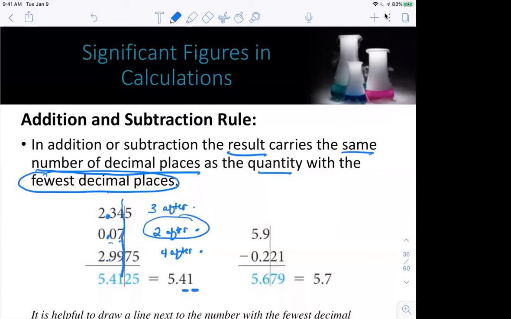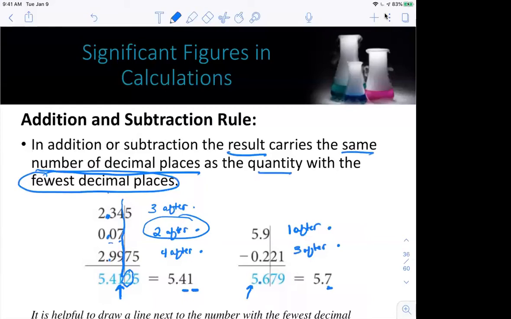So I do the entire addition, but now I have to round to this position. Because this is a 2, this is going to round down, and I'm going to stay the same. 5.41 is my answer. Here, 5.9, 1 after the decimal place, 3 after the decimal place. So I'm going to round to 1 after. Notice it doesn't affect what comes before the decimal place, it's what comes after.